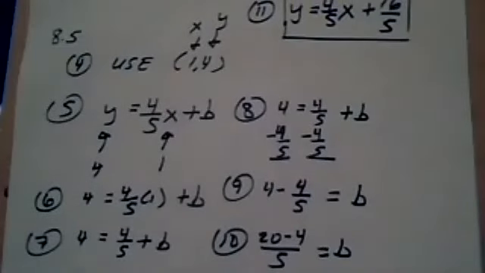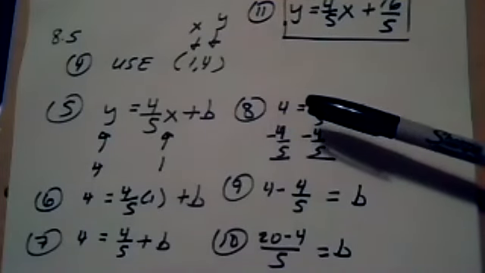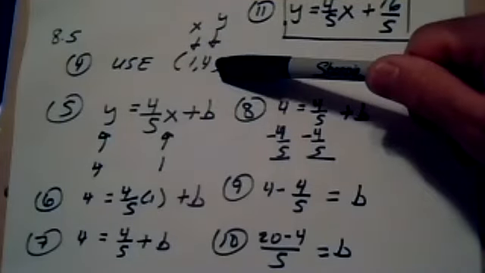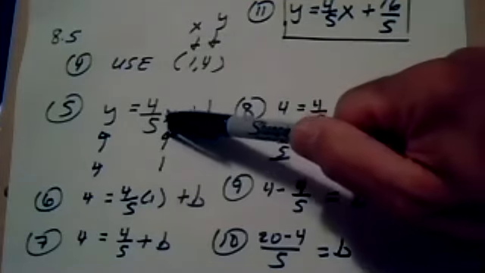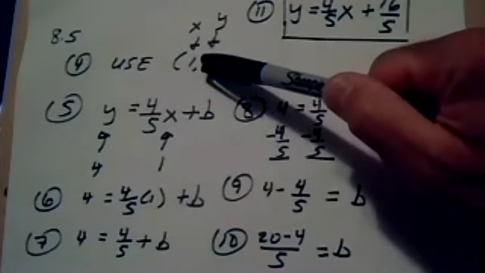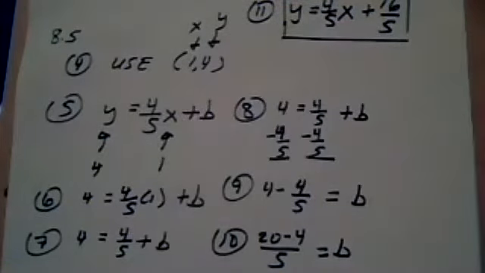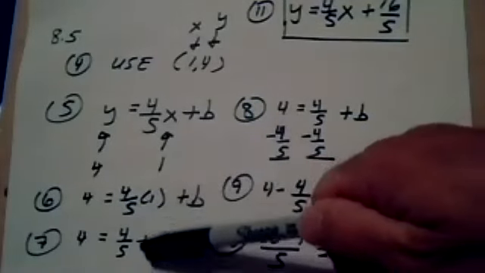I'm going to go ahead and use the 1, 4. So the point that you use, you plug it in. Notice the x is going to be replaced with the 1 from the point, and the y is going to be replaced with a 4. Now you simplify, multiply whatever you can multiply.